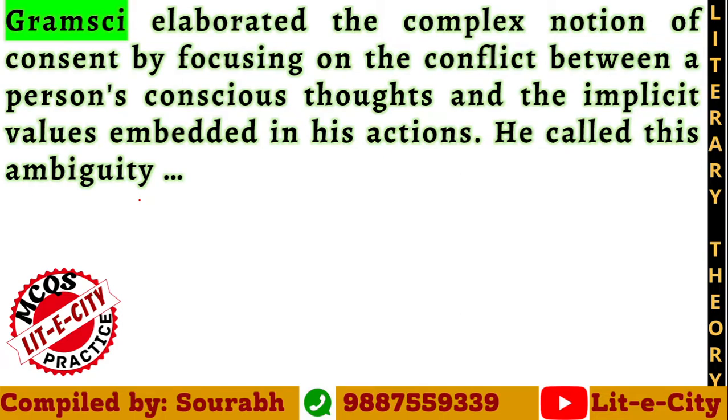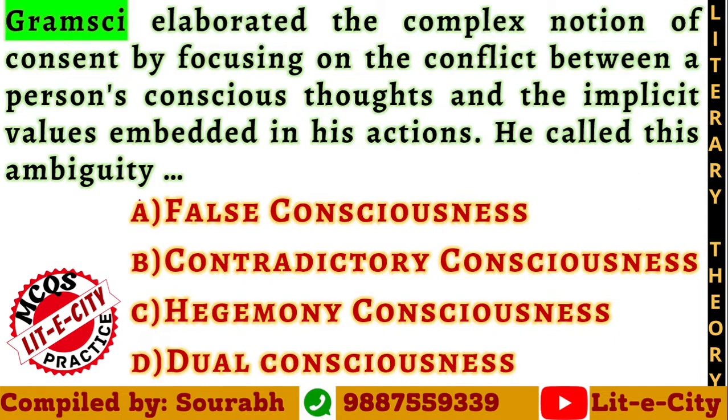So basically, Gramsci is talking about a division in our consciousness where on the surface level we do particular actions, but there are certain values embedded in our subconscious, which creates a kind of division between our action and our belief. So what is this ambiguity? The options are false consciousness, contradictory consciousness, hegemony consciousness, and dual consciousness.